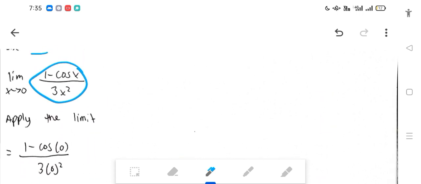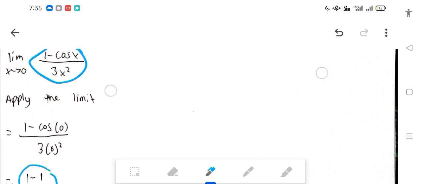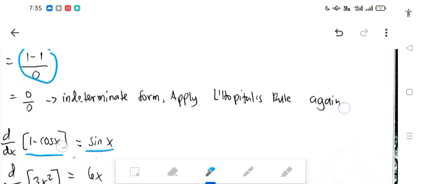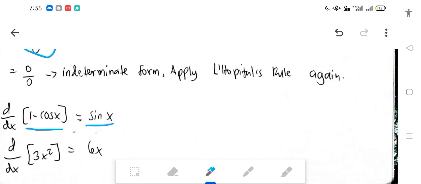Applying L'Hopital's rule again means that we're going to find the derivative of this function, or the second derivative of our original function. Now the derivative of 1 minus cosine x is equal to sine x, and the derivative of 3x squared is equal to 6x.